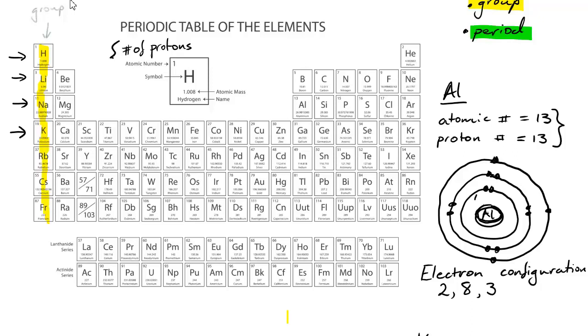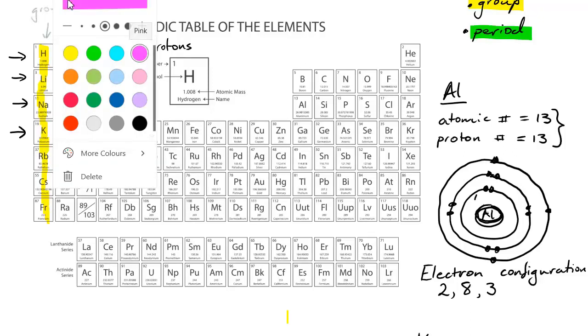And electrons are essentially the things that rule the property of that particular element. So because they only have one electron in the outer shell, they behave in similar ways. They're not identical because of course they have different sizes and different numbers of shells, but you can be sure that they have similar properties, similar behaviors.